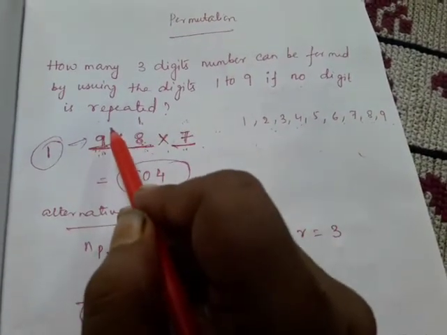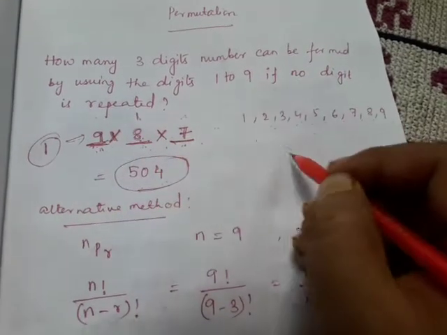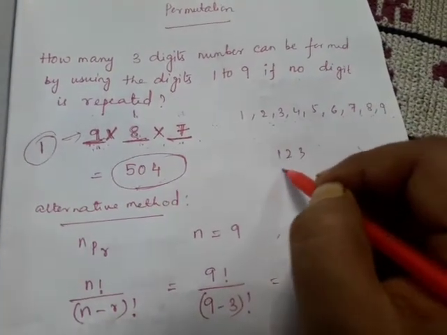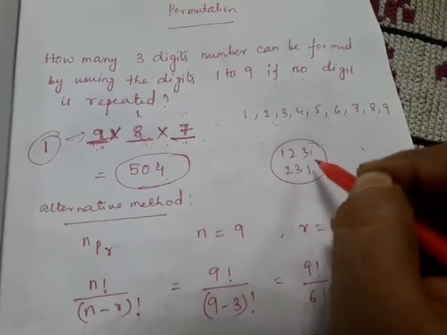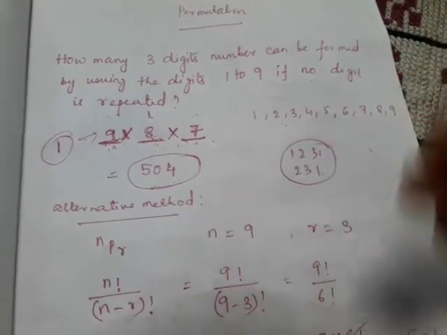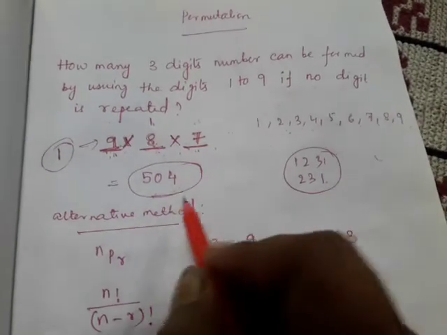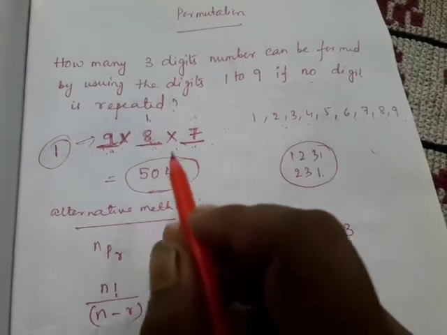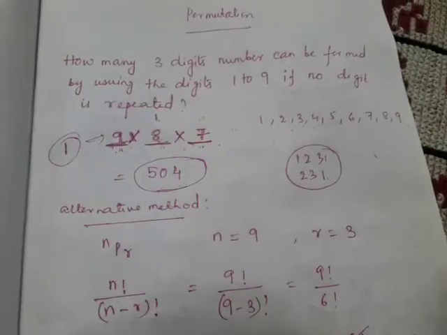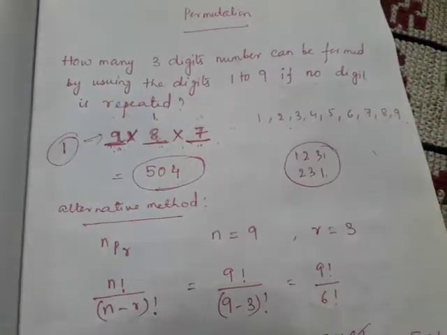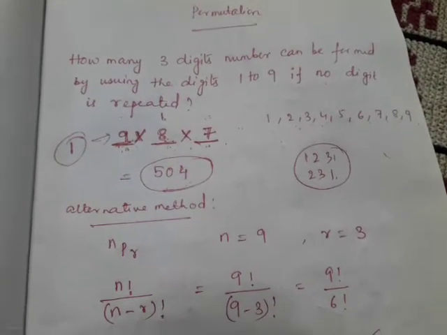So by changing the order, 123 and 213 are both different numbers. So by changing the order you are getting 2 different numbers. Similarly, in total you will get 504 different numbers, meaning 504 different ways by which different 3 digit numbers can be formed.